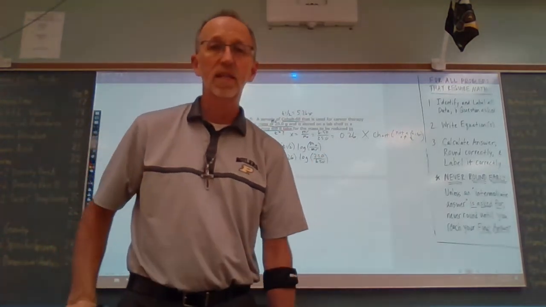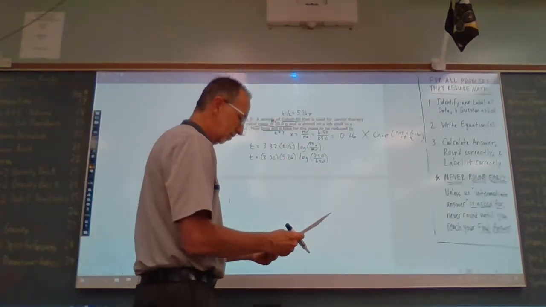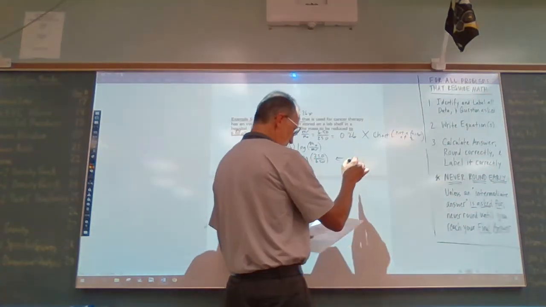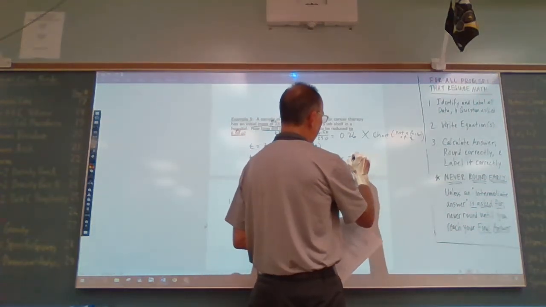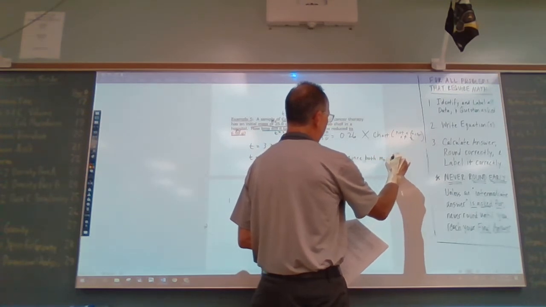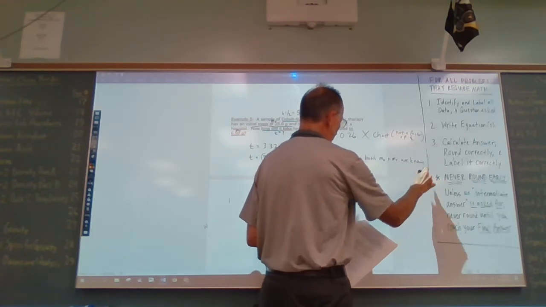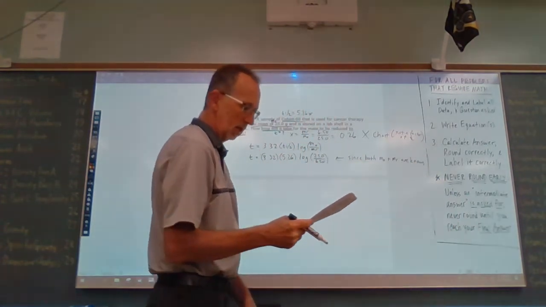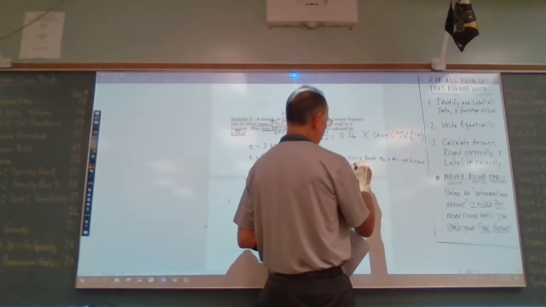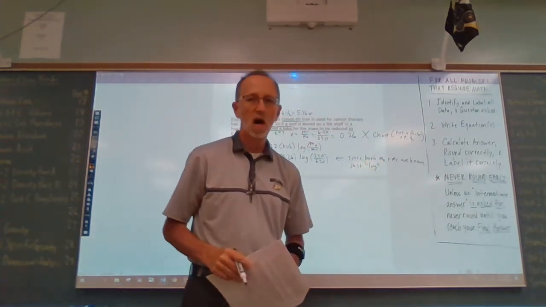Now we got a little different situation here. I'll put a little note here. Since both MO and MR are known, we're just going to use the log button this time.